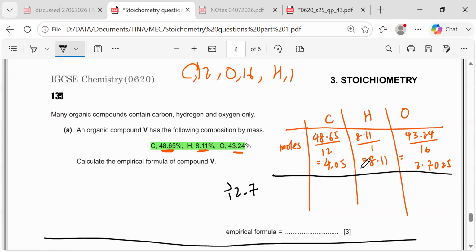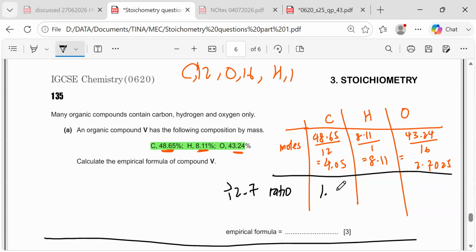You are right. 4.05 divided by 2.7 is 1.5. Just now I pressed 2 in my calculator and didn't press the 2.7, so the answer was wrong because I calculated wrong. Can you understand now?